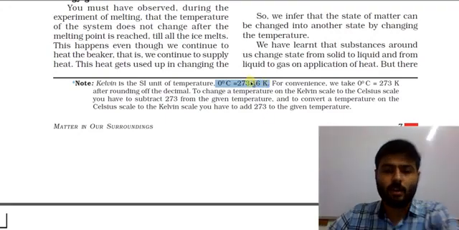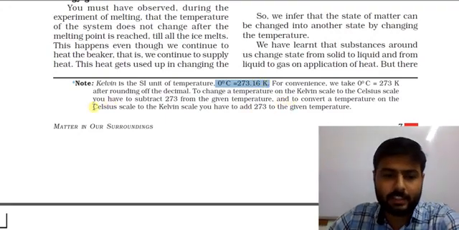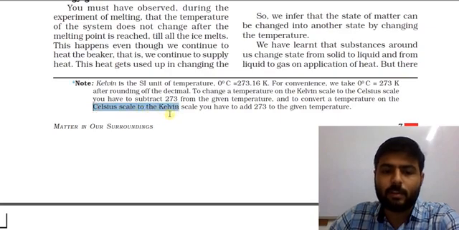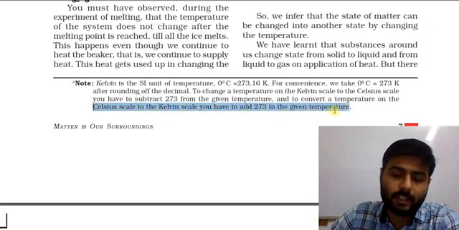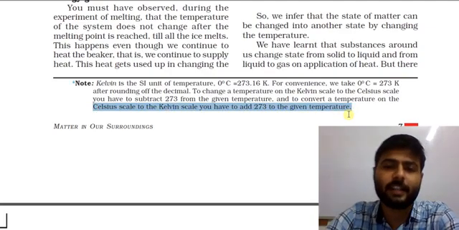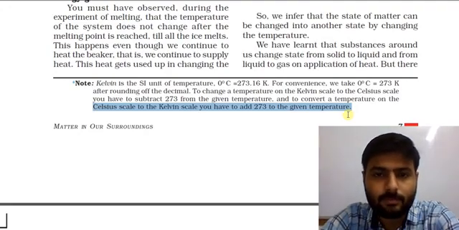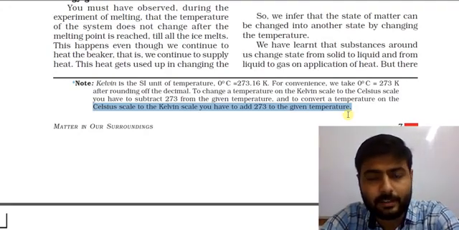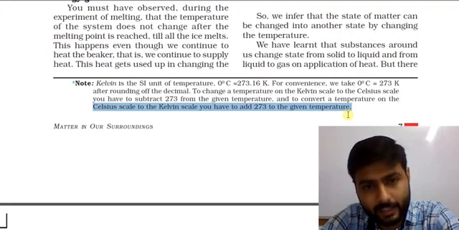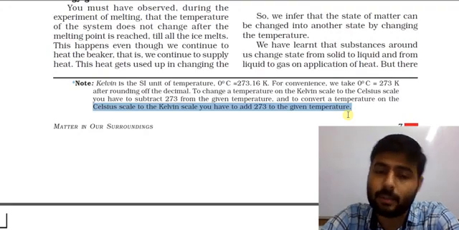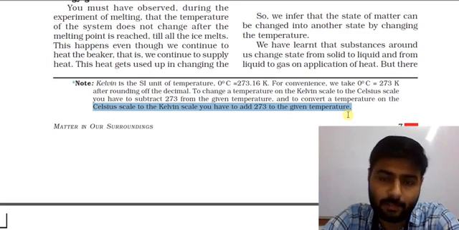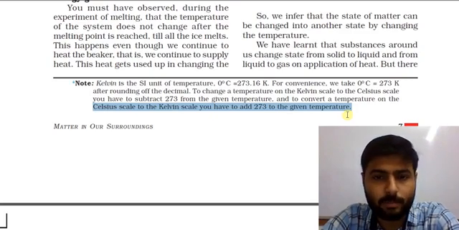That is, whatever the temperature is in degrees Celsius, we have to add 273 to the given temperature. And if we want to convert Kelvin to degree centigrade, we have to subtract 273. So I hope this is clear to you now.